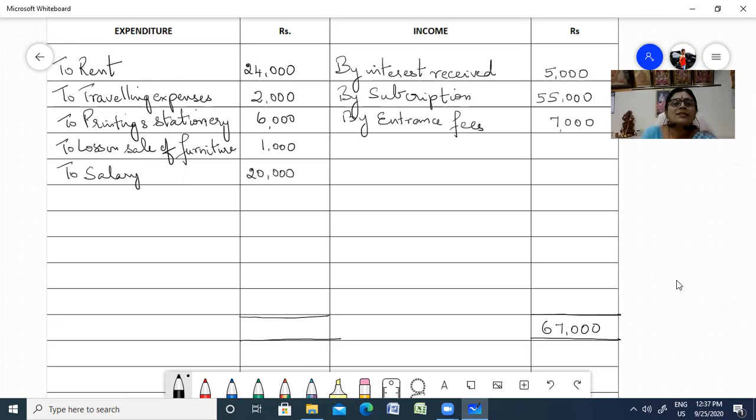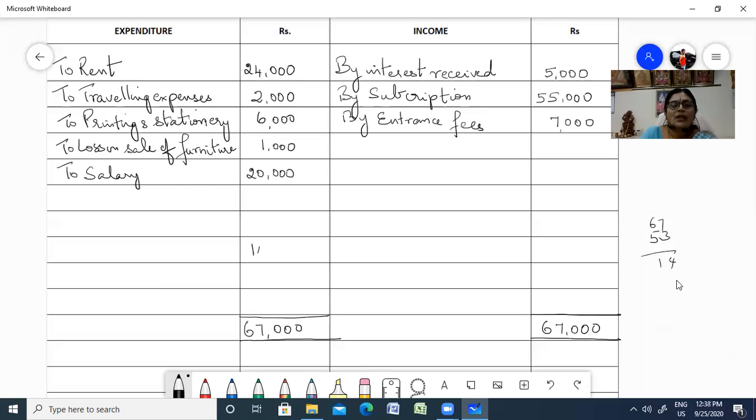And then see your debit side: 30, 32, 33. 33 plus 20, 53. The total is 67. So the difference is 14,000. So bring the same balance down.